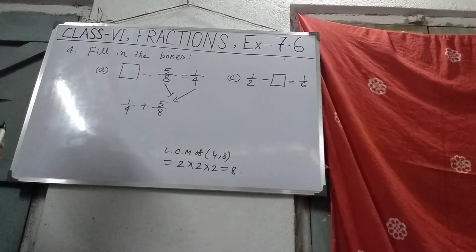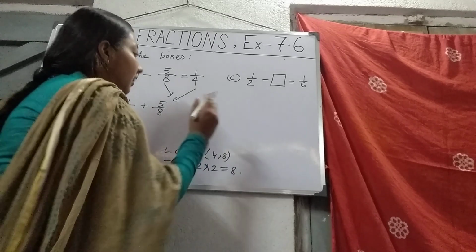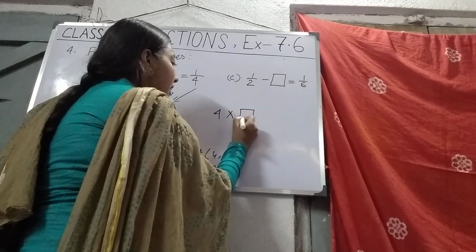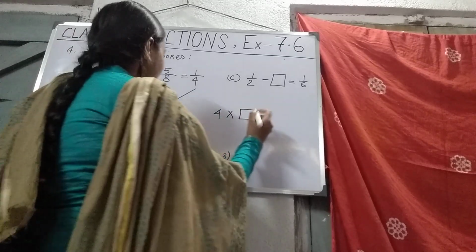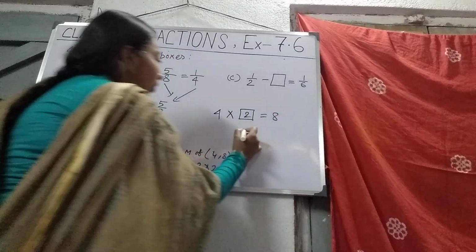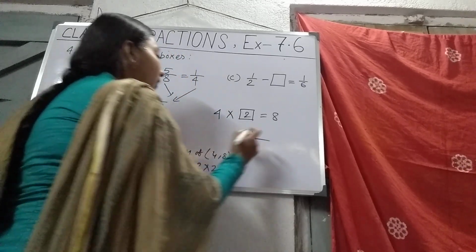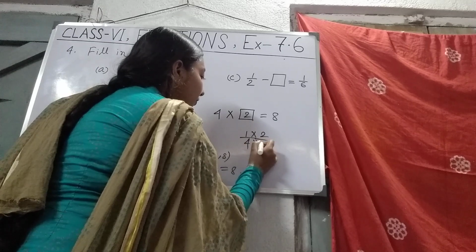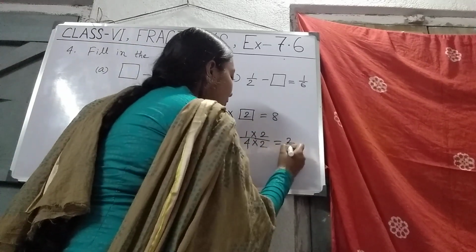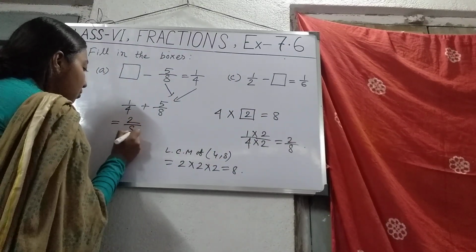That means in each fraction you have to make both the denominators 8. In first fraction in denominator it is 4. So by which number should we have to multiply so as to get 8? 4 2s are 8. So in numerator and denominator of 1 upon 4 we have to multiply both by 2. So 2 1s are 2, 2 4s are 8. So 1 upon 4 can also be written as 2 upon 8.